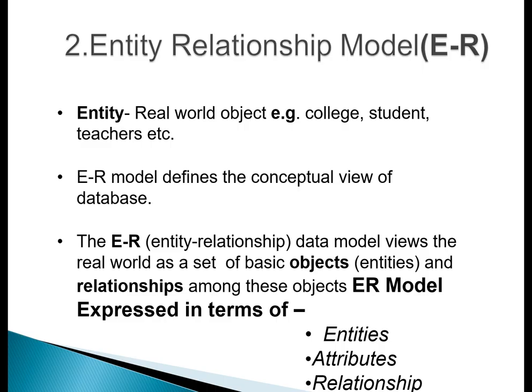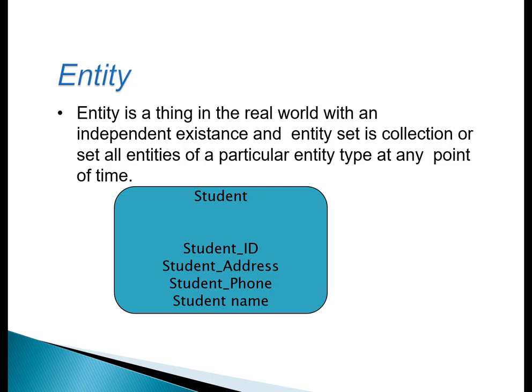Now there are some core concepts for this ER model. Number one is what is entity. Number two is what is attribute. Number three is what is the relationship. We will see one by one. Entity is nothing but the real world object that has independent existence, right? Now, every entity will have some information.